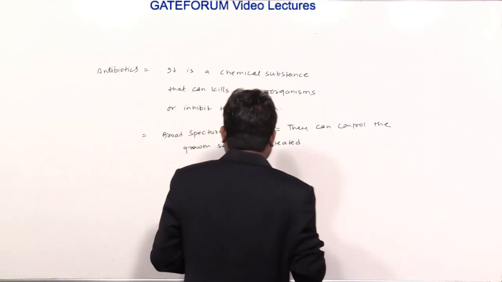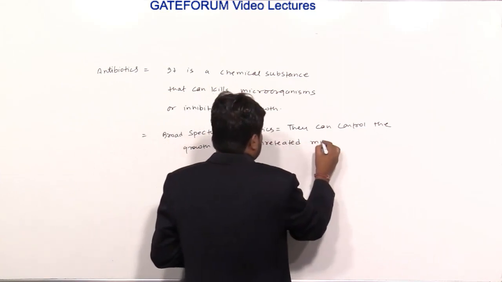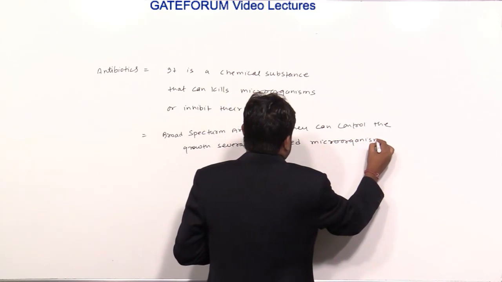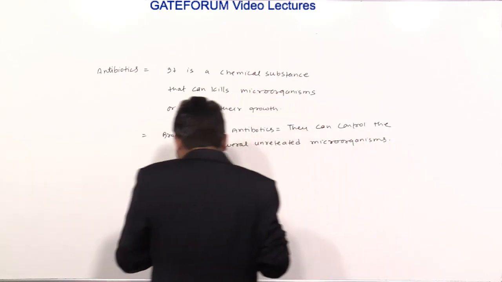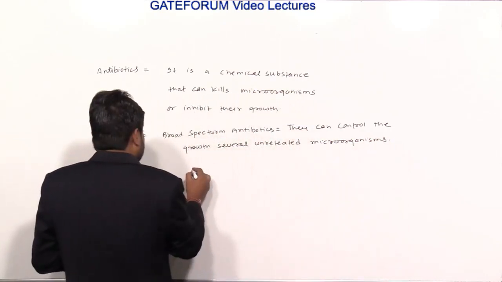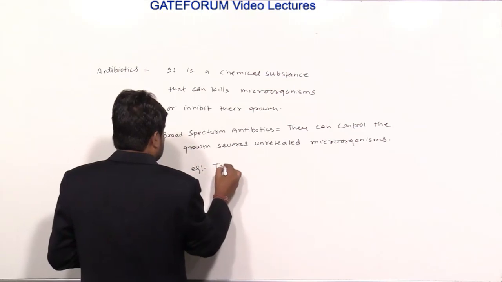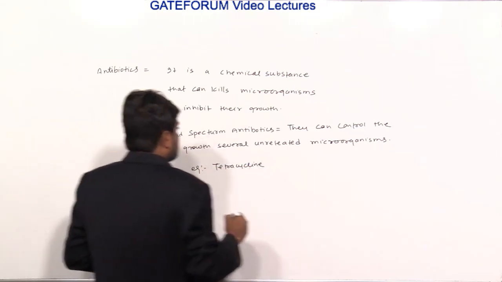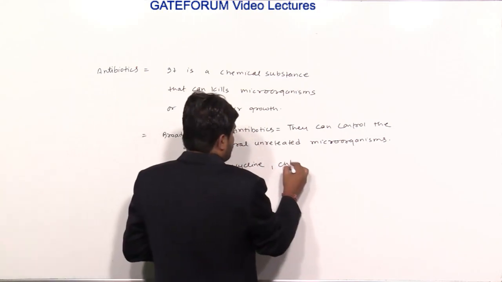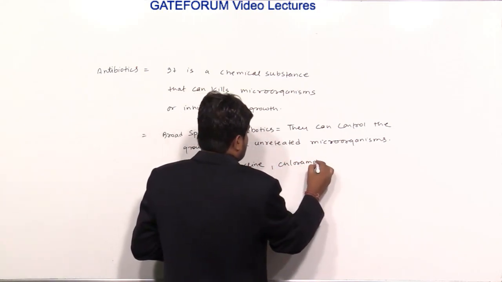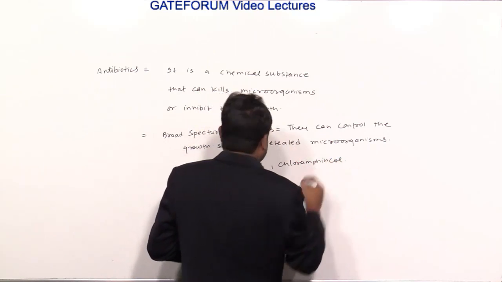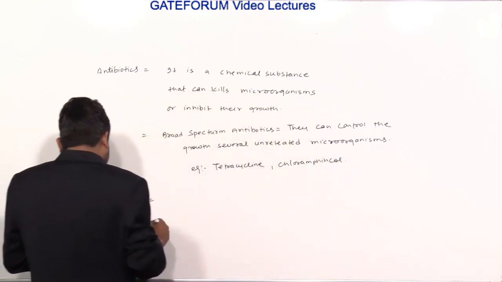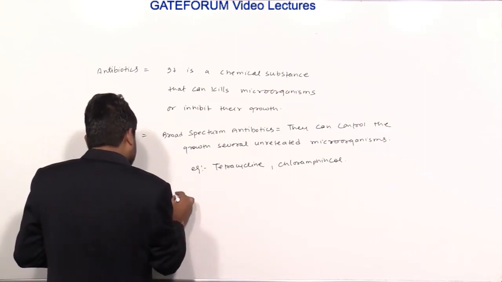Examples are tetracycline and chloramphenicol. Then the next is the narrow spectrum antibiotics.